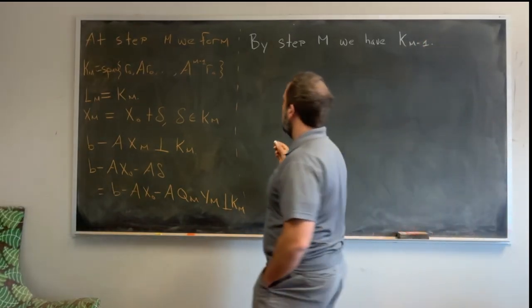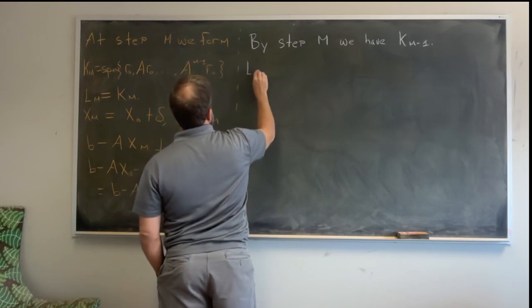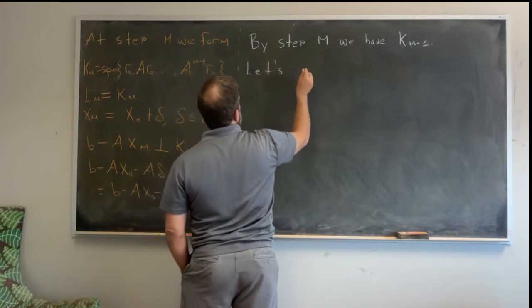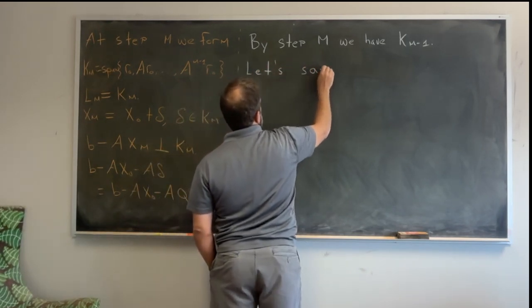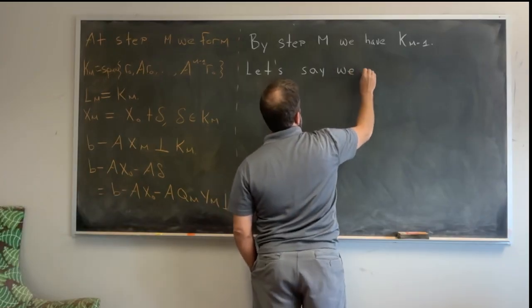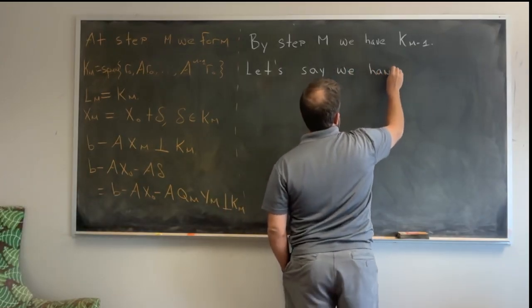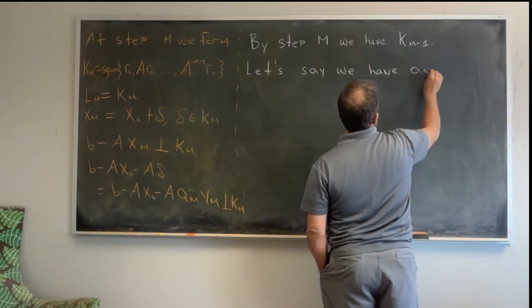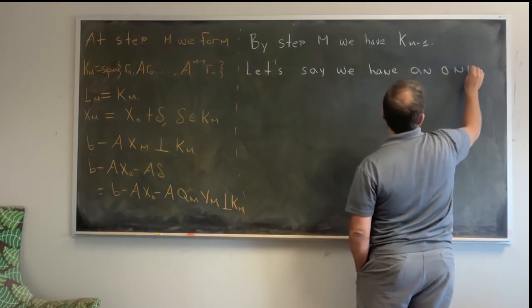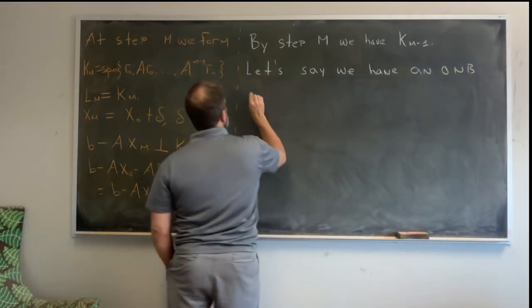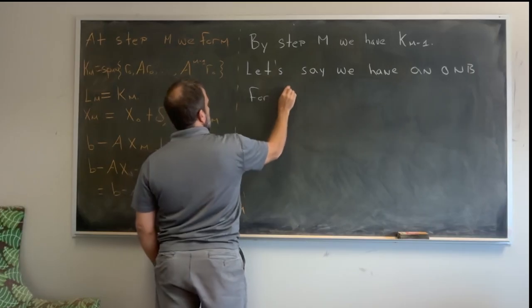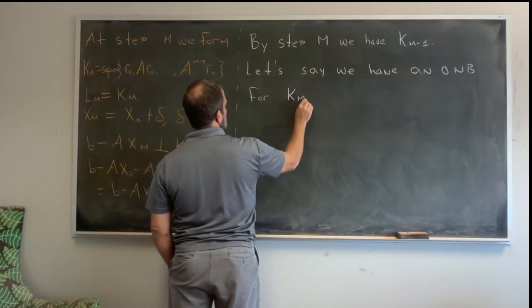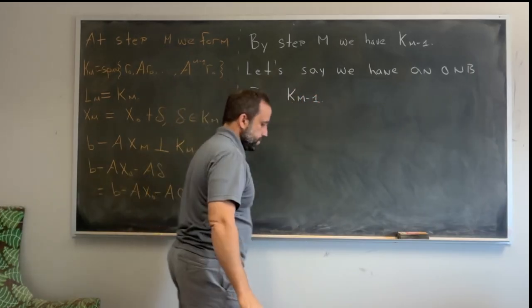Now, let's say we have an orthonormal basis for Km minus 1.